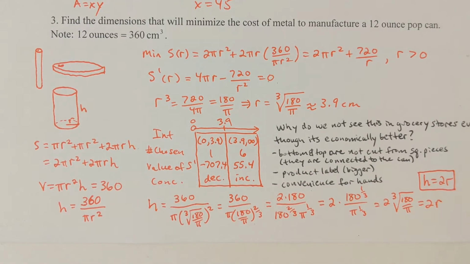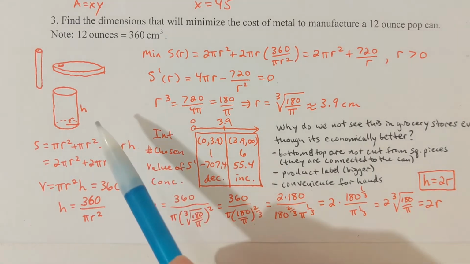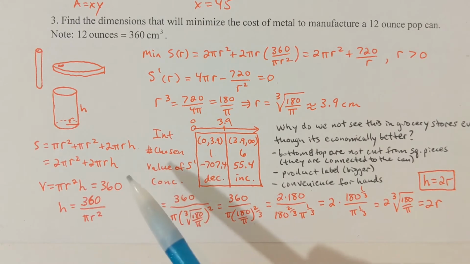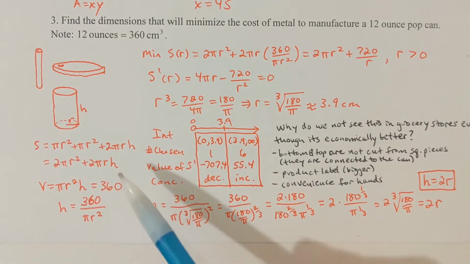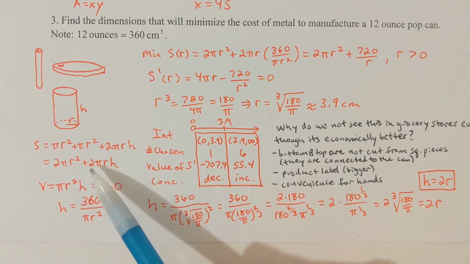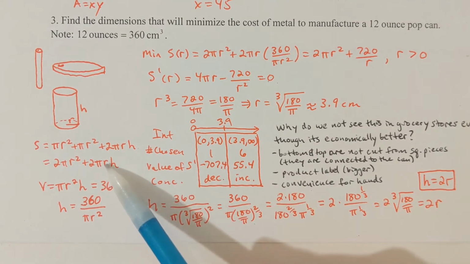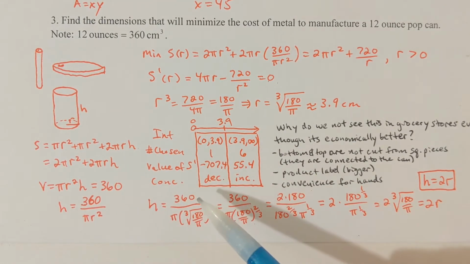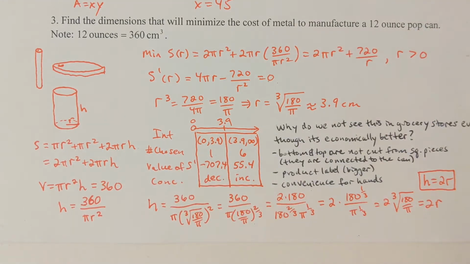The rectangle would have a width of h, whatever the height is, and then the length would be whatever the circumference of the circle would be. The circumference of any circle is 2 pi times the radius. So the area of that rectangle wrapping around forming the can would be 2 pi r h. And that would be just the general formula then for surface area of a cylinder.